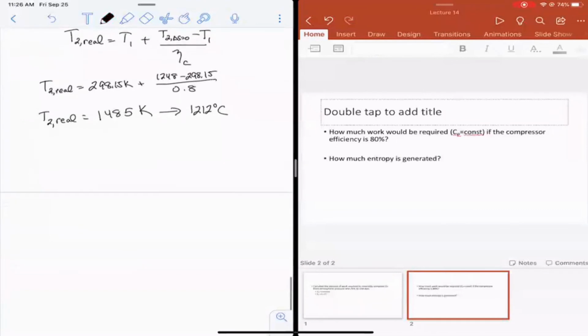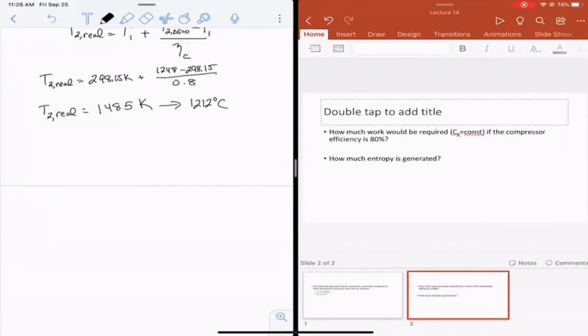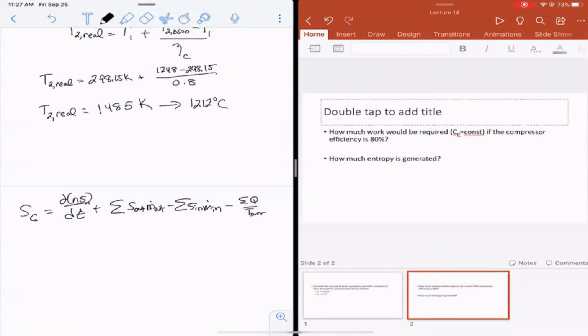So to do that, let's look at the open system entropy balance, and how that's going to simplify. So we have that the generated entropy equals dNs/dt plus the sum of S out m dot out minus the sum of S in m dot in minus the sum of Q over T surroundings.